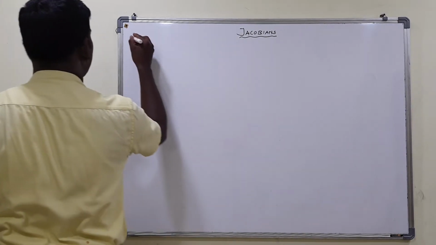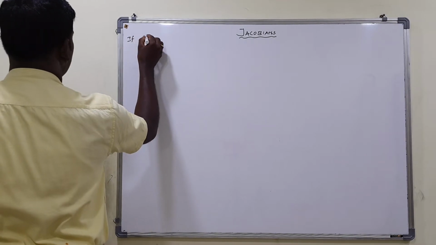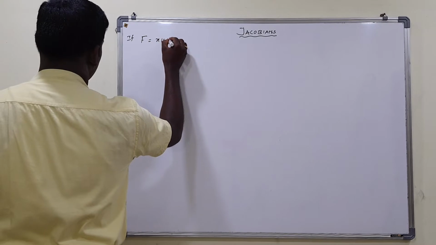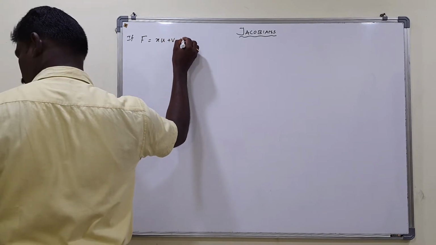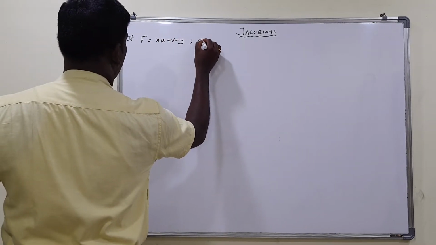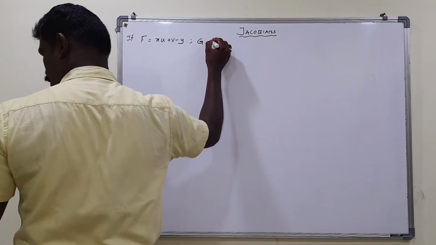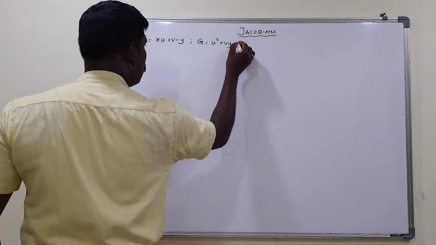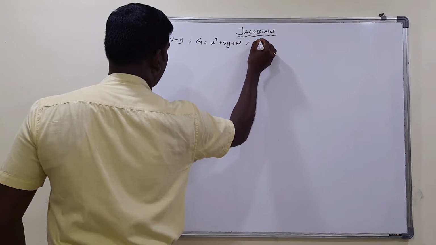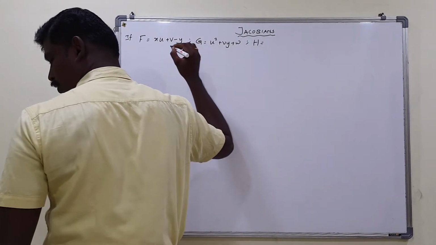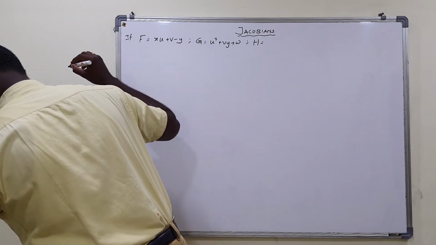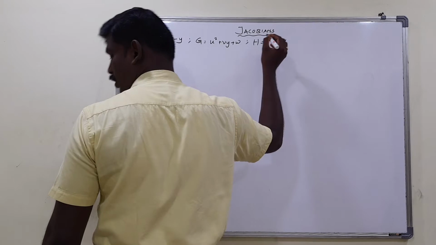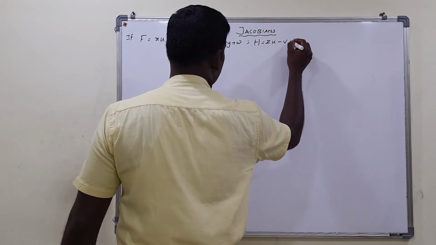Next one. If capital F is equal to XU plus V minus Y, and capital G is equal to U square plus VY plus W, and capital H is equal to ZU minus V plus VW.